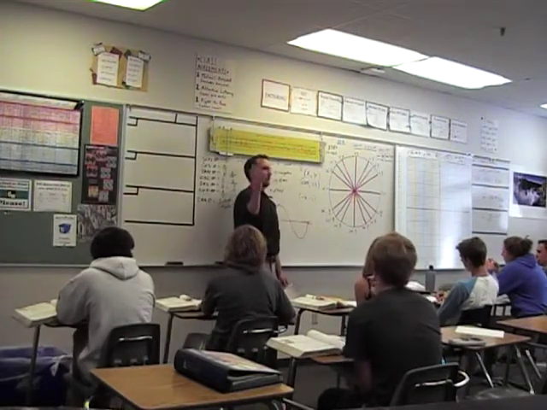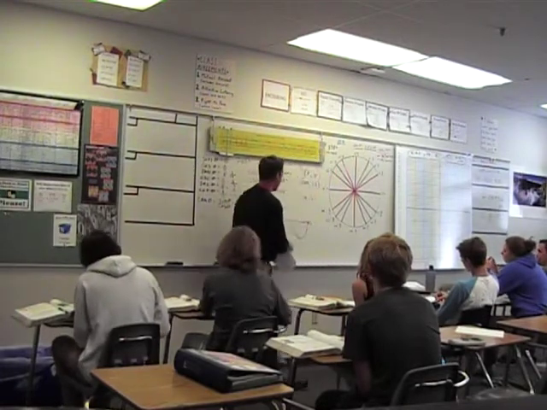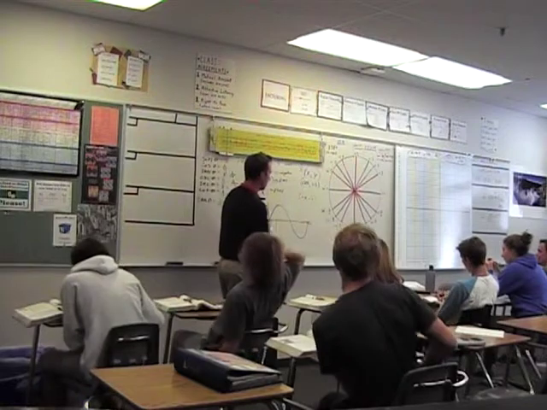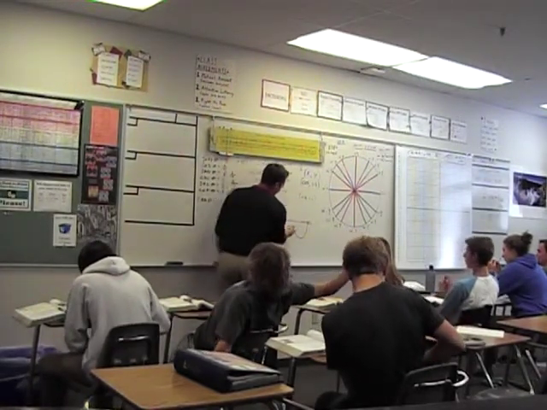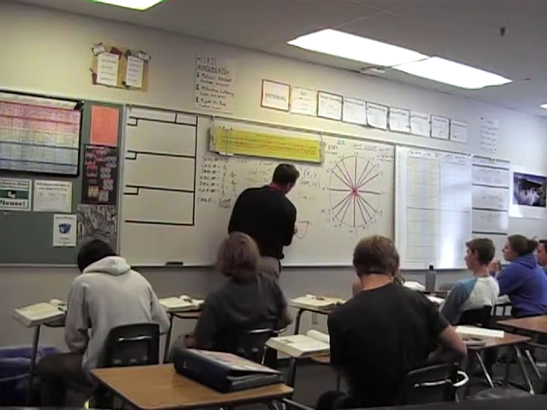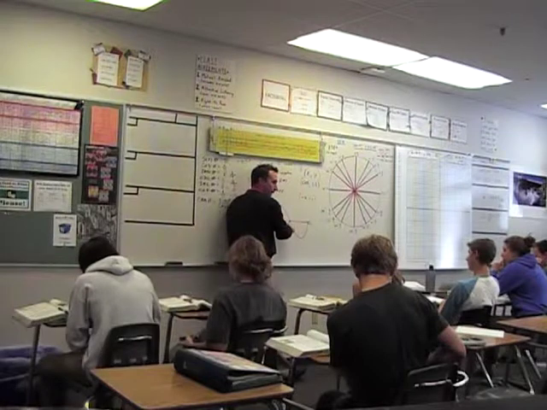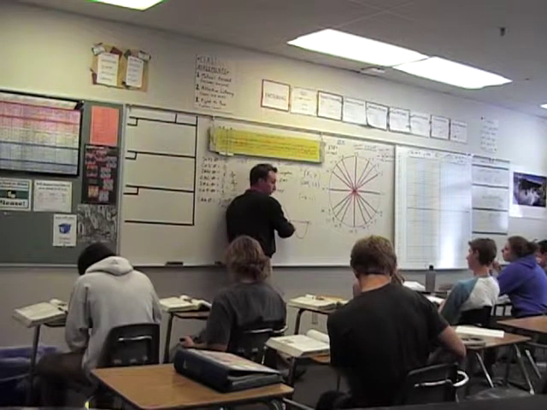In the book it says to say if it's positive, negative, 0, or undefined. So I guess you just answer 0. But how do you know if it'll be undefined? Sine is 0 here. What would this value be? 1. Sine is related to y.